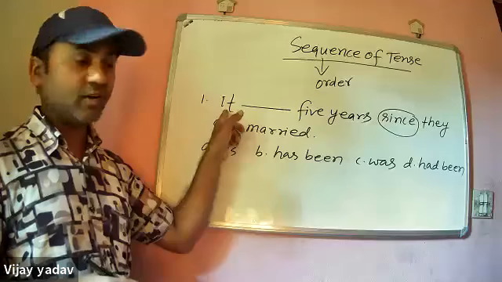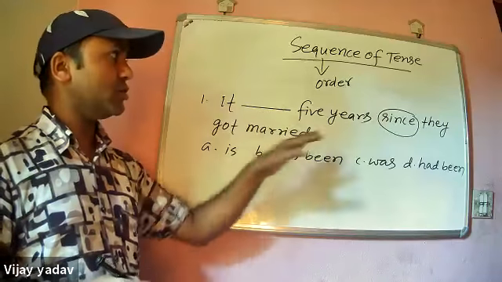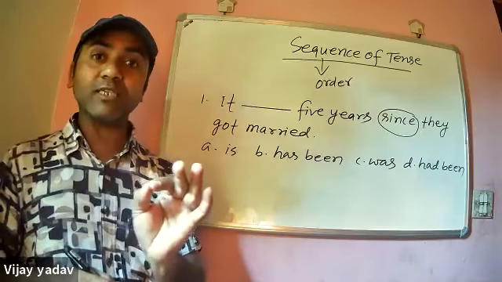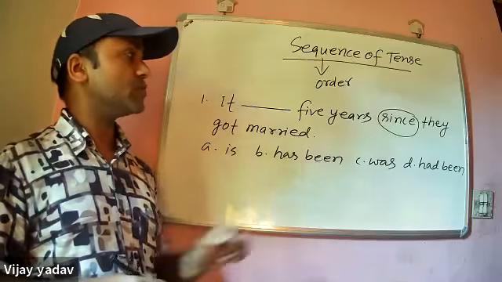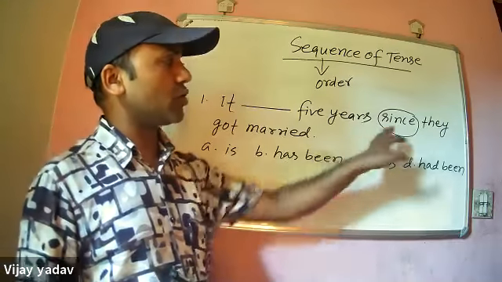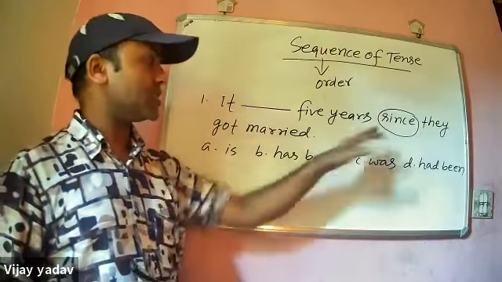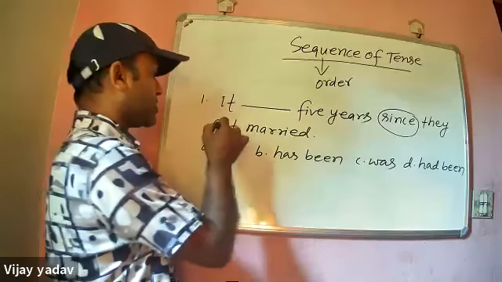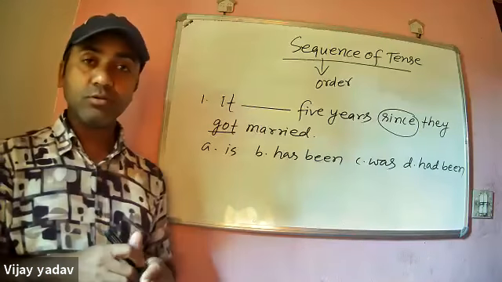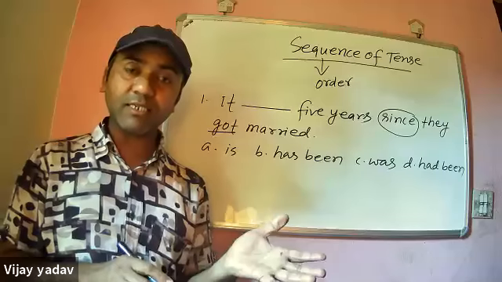Subject it is given. So you have two clauses joined by since. After since you have simple past: they got married, this is simple past, isn't it?